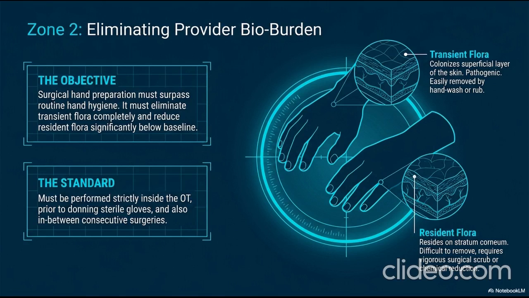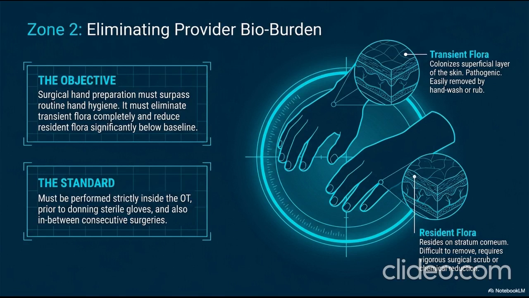Slide 6. Surgical hand preparation, scrubbing versus rubbing. Two primary methods exist for surgical hand preparation: scrubbing with antimicrobial soaps like 4% CHG or povidone iodine for 2 to 5 minutes, and rubbing with an alcohol-based hand rub, ABHR, for 3 minutes.